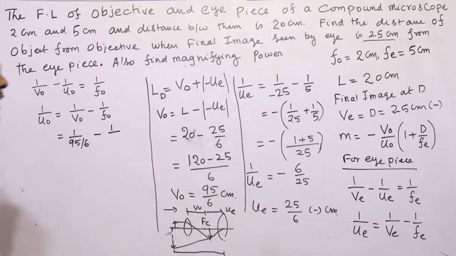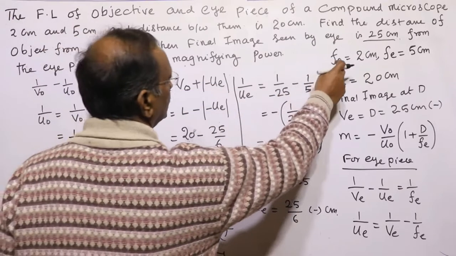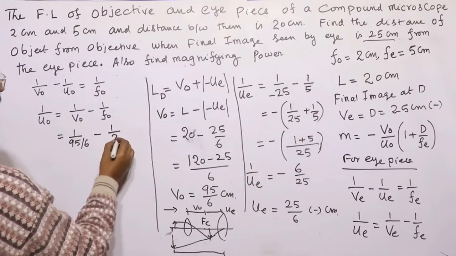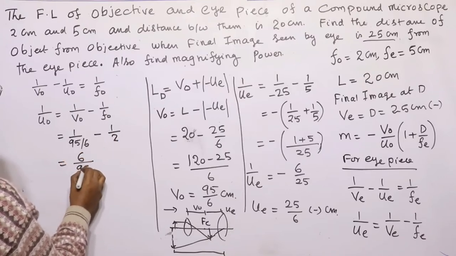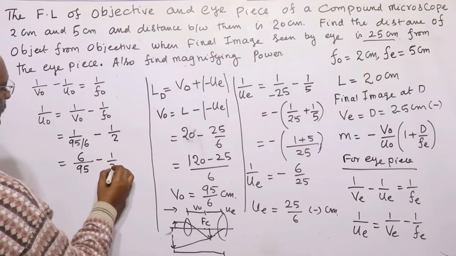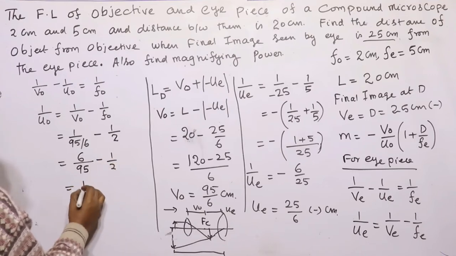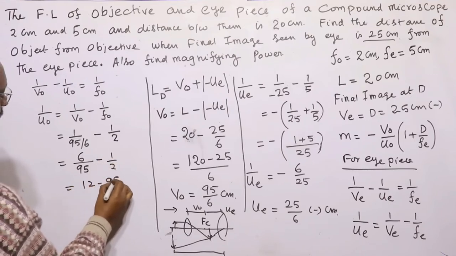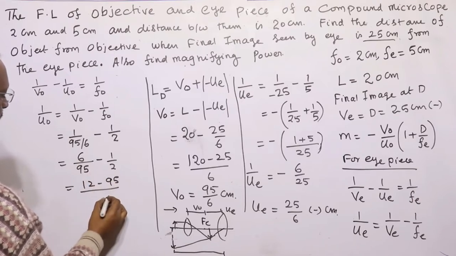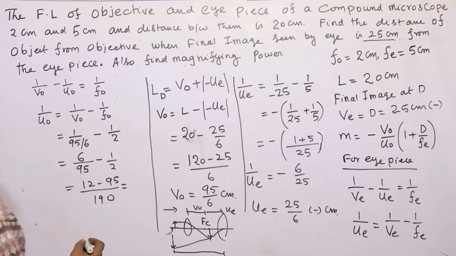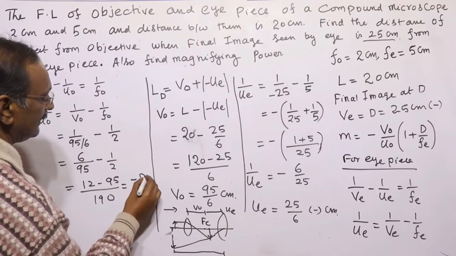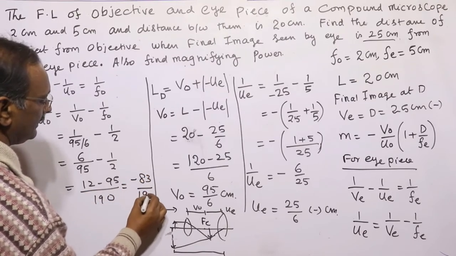F naught is the focal length of the objective, that is 1 by 2. So this is equal to 6 by 95 minus 1 by 2, which is equal to 12 minus 95 divided by 190, which is equal to minus 83 by 190.